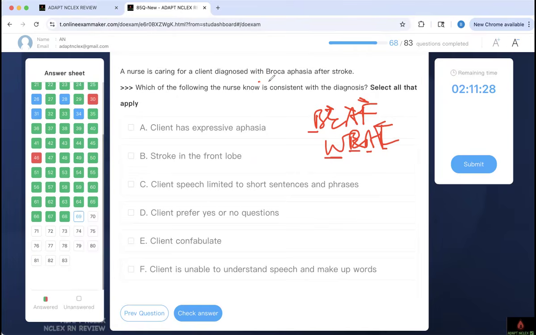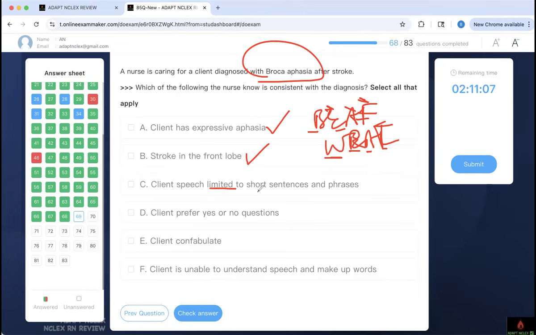So this is Broca. Therefore, we're supposed to see expressive aphasia. Number one, gone. And it's the frontal lobe. Number two, gone. You see, we're knocking them down. You don't have to select everything. If you have an expressive problem, that means you can't express yourself.